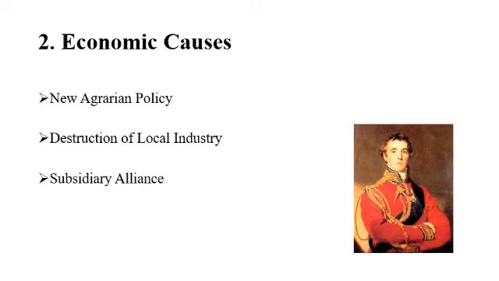The last of the economic causes was the subsidiary alliance. Subsidiary has been taken from the word subsidy. Subsidy means paying someone, giving money. Alliance means joining. Here, the story started in a way that the British made the local rulers realize that the rulers of the other princely states were a sword of Damocles, a danger for them.